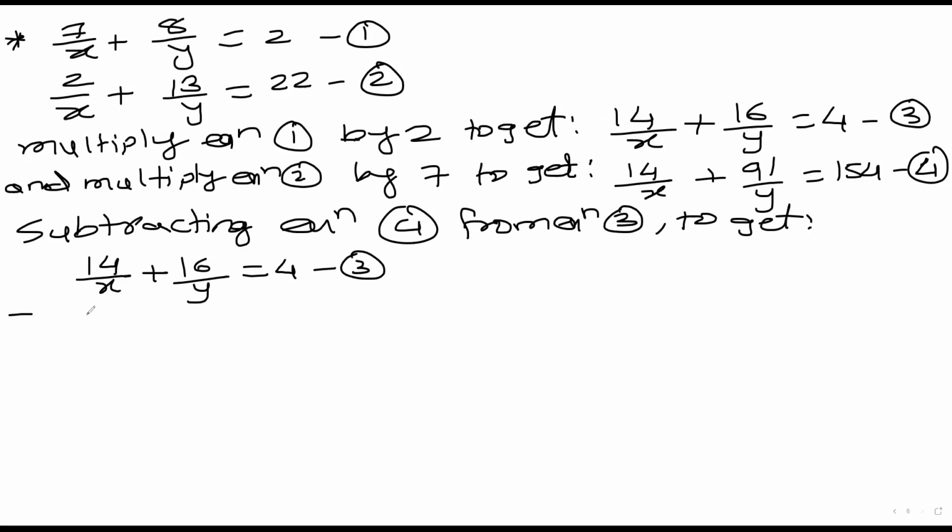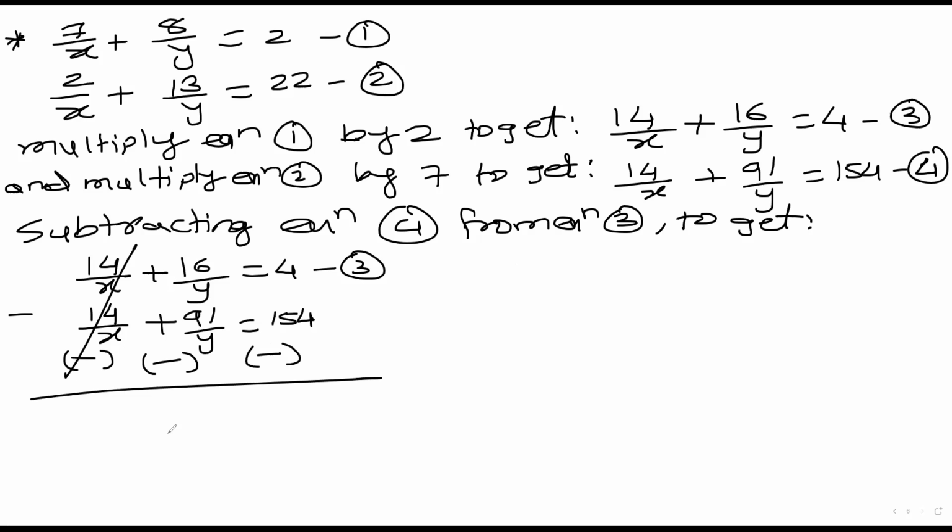When you subtract, you get 14 upon x again plus 91 upon y is equal to 154. Or you can subtract equation 3 from 4, it's up to you. When you subtract, all signs will change. All positive signs will become minus. In fact, we can get rid of 1 upon x. That was the aim.